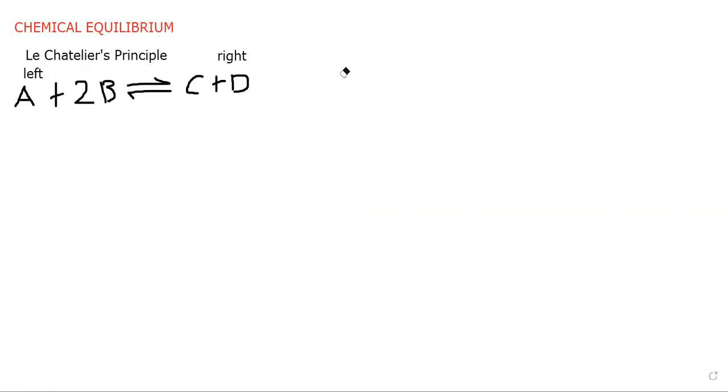So if you are going to assess temperature first, you need to look at what you are given. You will get a delta H value at the end of the equation. It might be exothermic or endothermic. So let us say it's negative 100 kilojoule per mole.